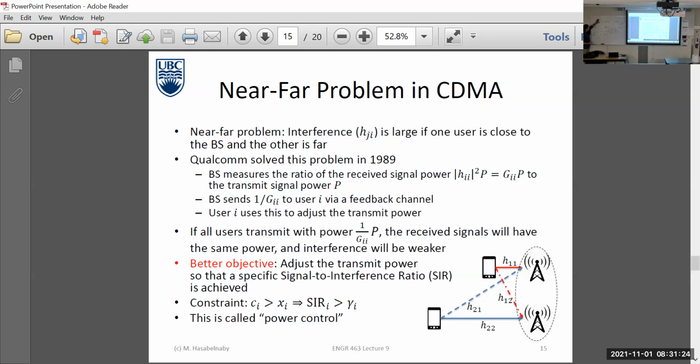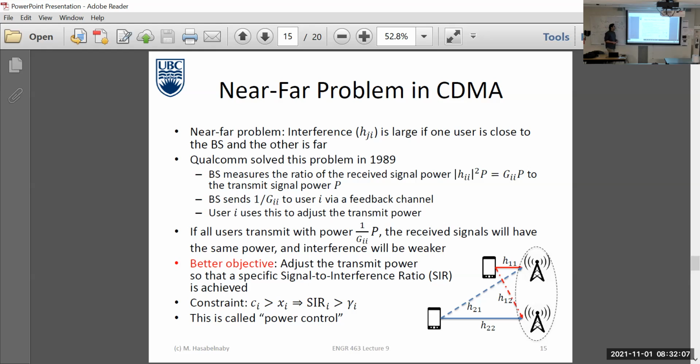If the interference is increased, the signal to interference plus noise ratio will decrease, the signal quality will decrease, and the achievable rate will decrease. This is the problem here. Is this clear to you? You must understand the problem to understand the solution. Okay, so the problem is clear to you.